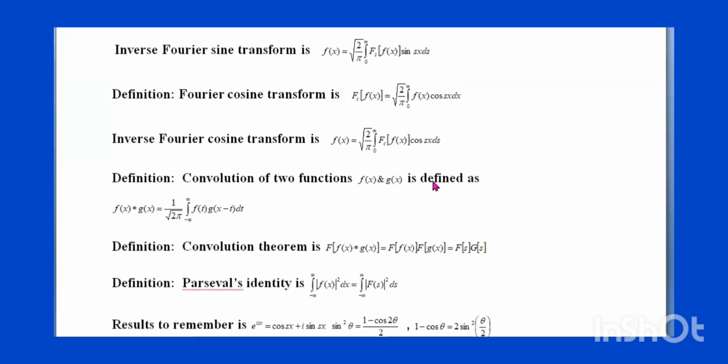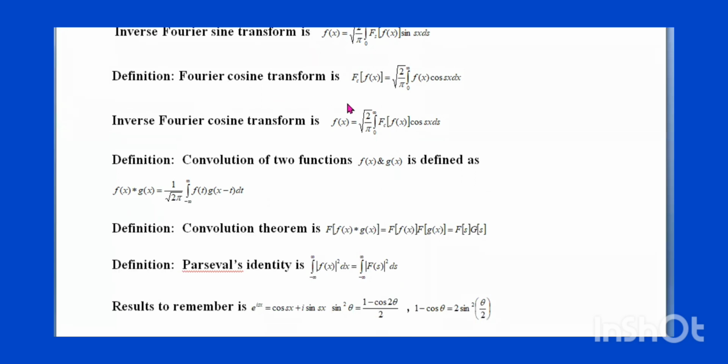Next, let us see the Fourier cosine transform, capital Fc of f of x. Fc of f of x is equal to root of 2 by pi, integral over the limit 0 to infinity, small f of x cos sx dx.